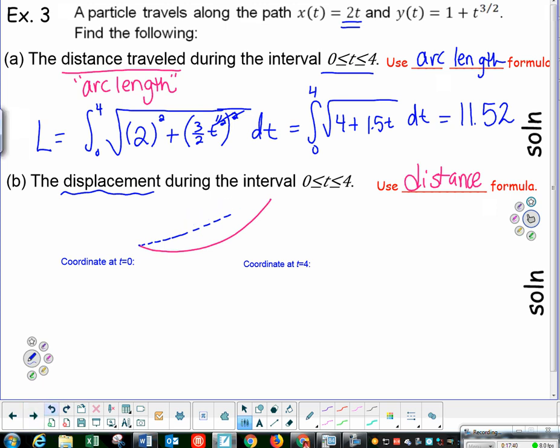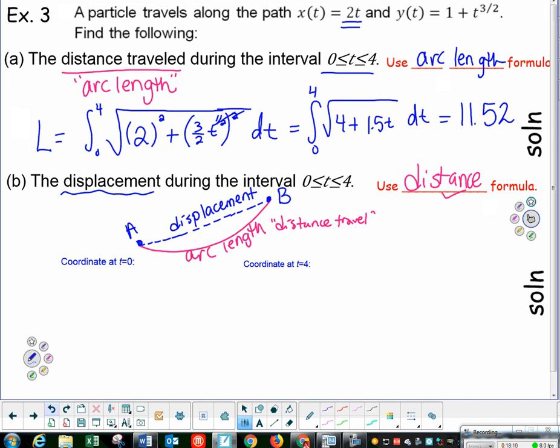I should say displacement, to imply beginning point A to ending point B. The other thing along here would be known as arc length or distance traveled, which is a different answer than using the distance formula. That's what gets a little confusing, doesn't it?